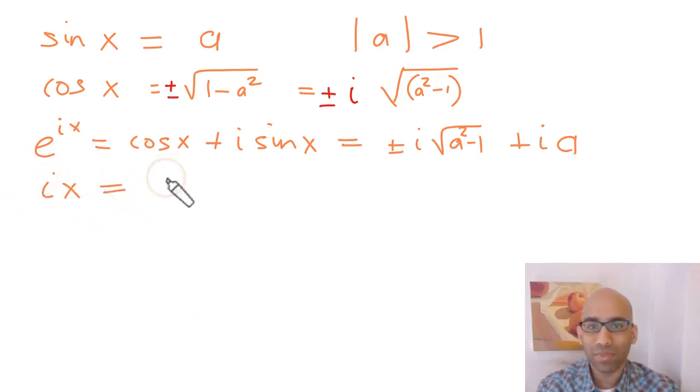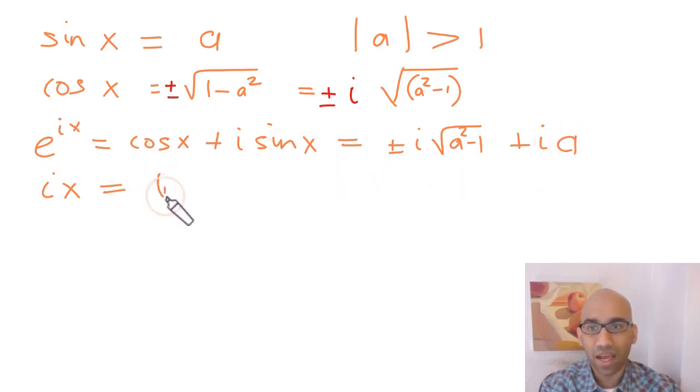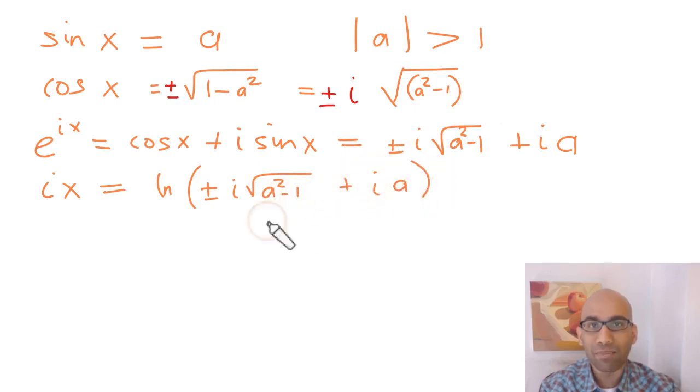And on the right hand side, we're going to take the ln of plus minus i square root of a squared minus 1 plus ia. Now this looks a little bit complicated, but let's actually isolate this i outside. Let's factor it and bring it out.